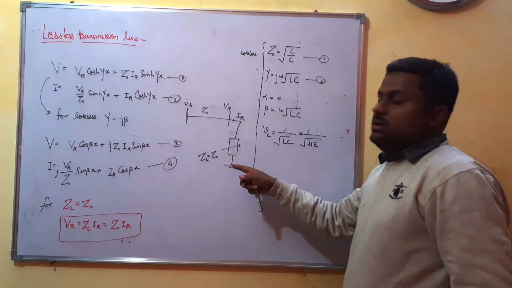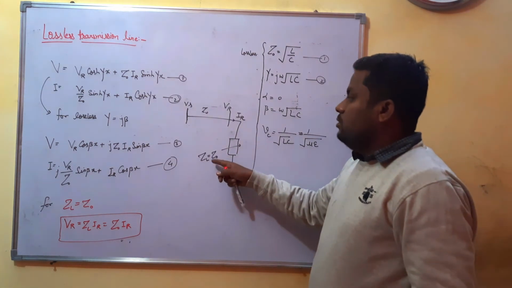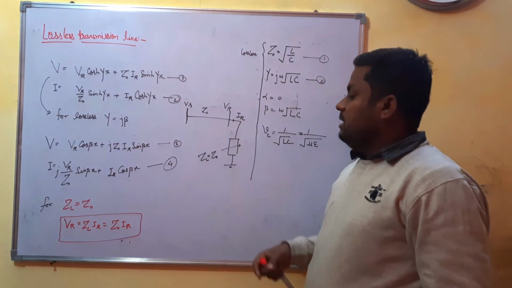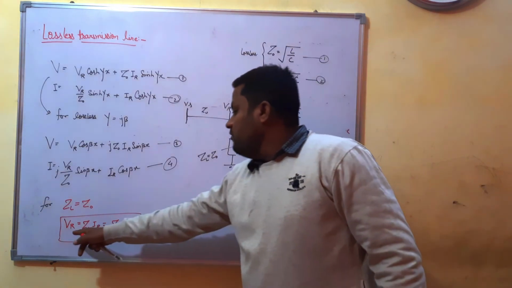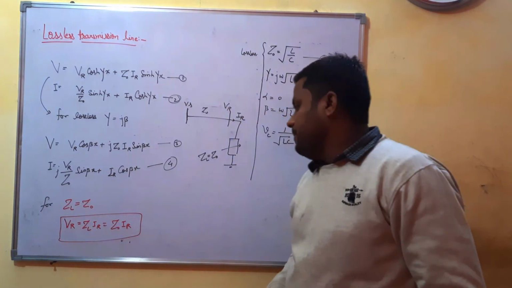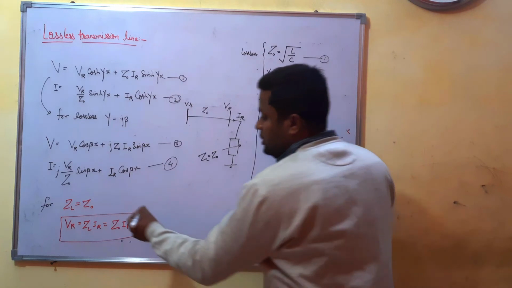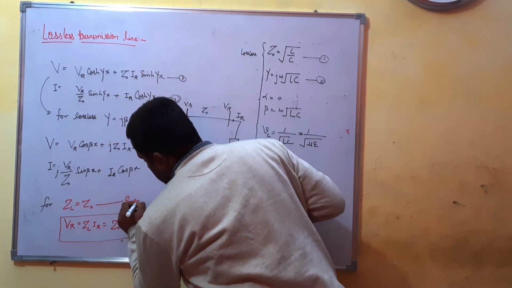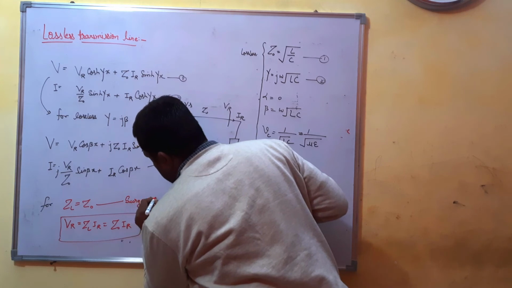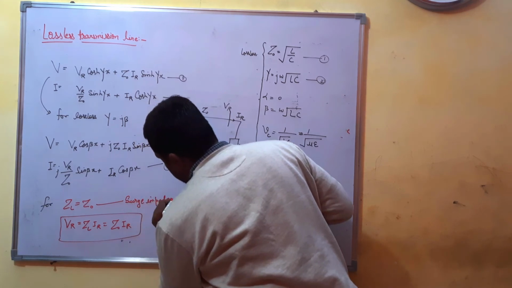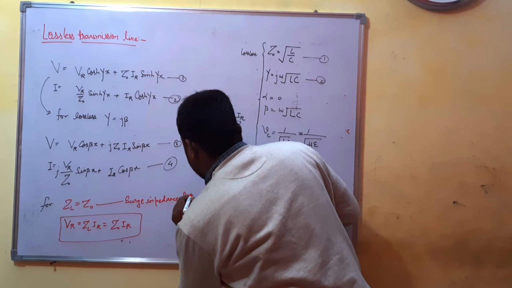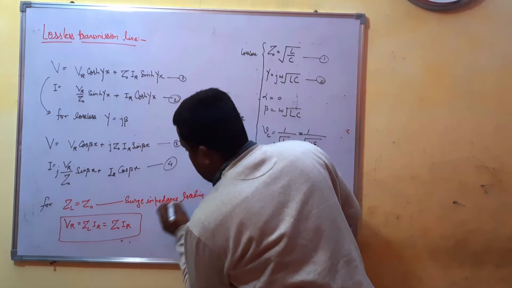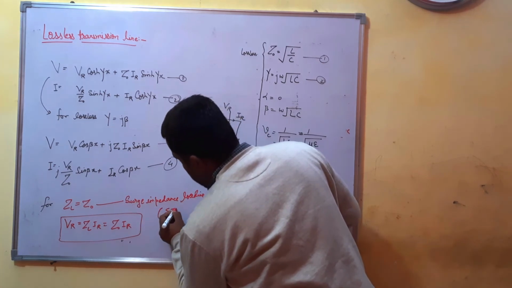If we connect a load equal to the characteristic impedance Z0, then VR becomes Z0 IR, and this condition is called surge impedance loading, or SIL.